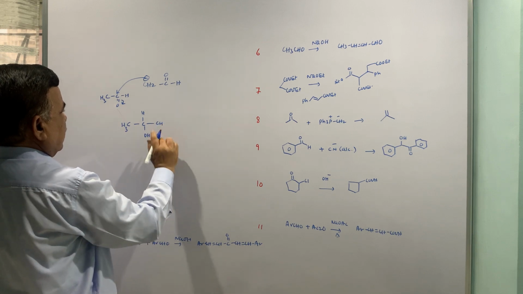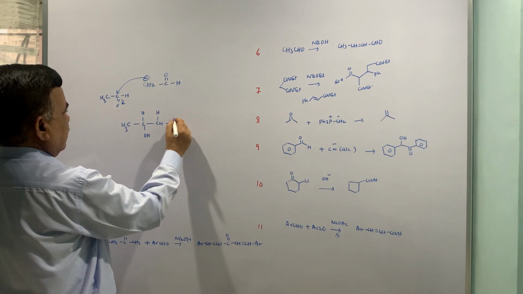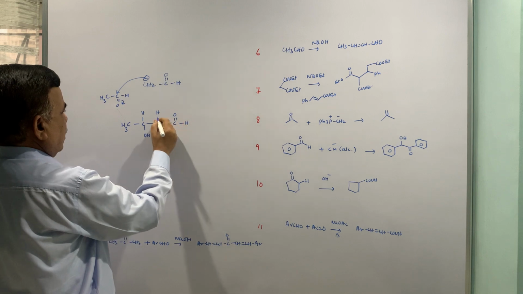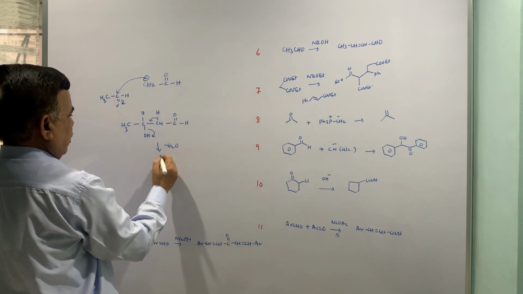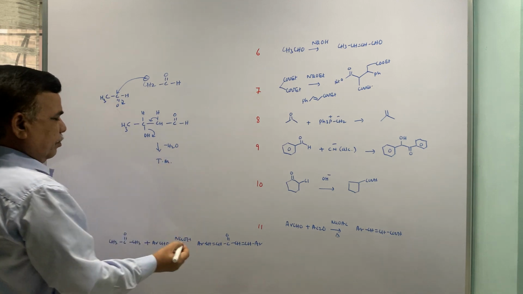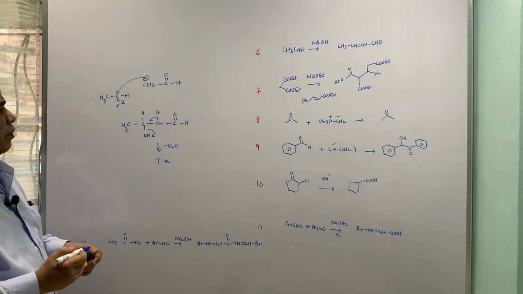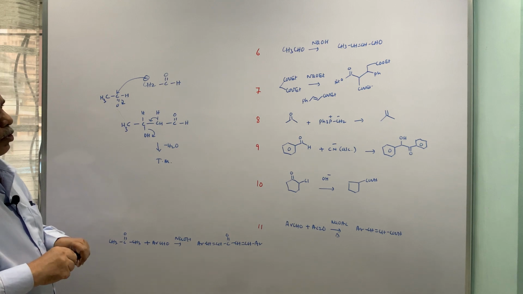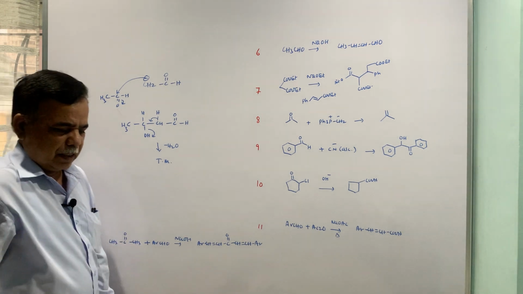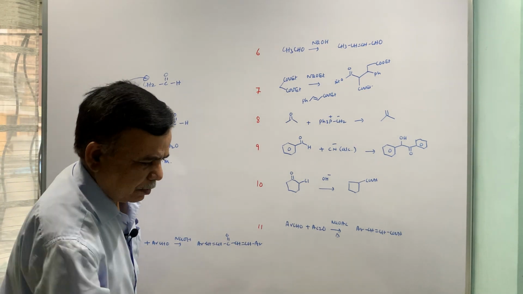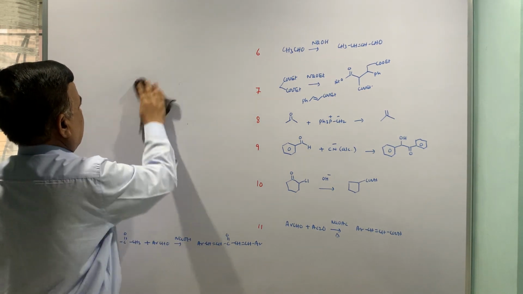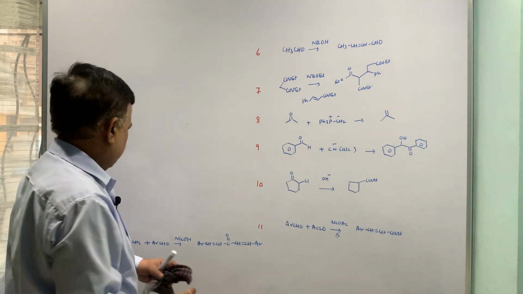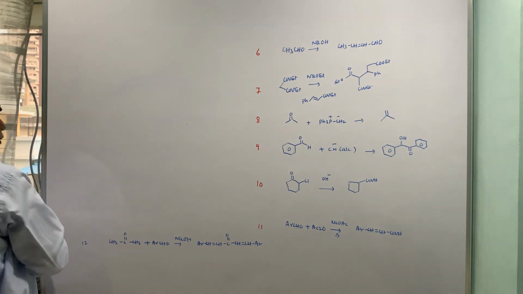Or I will put H on the other side, CHO, and then loss of a water molecule can furnish the target molecule, that is the crotonaldehyde, which is an alpha beta unsaturated carbonyl compound. Now, moving on to the next example.